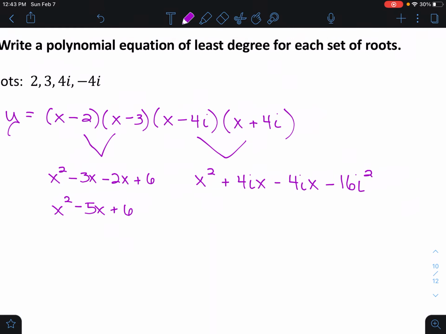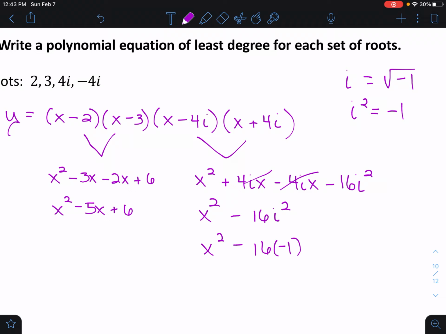Okay, now you remember i is equal to the square root of -1, but i squared is equal to -1, so that's going to be helpful. Let's see, these middle terms will cancel out. So I would have x squared minus 16i squared. Well, you know that i squared is -1. Okay, we just said that. So really, this is the same as x squared plus 16.